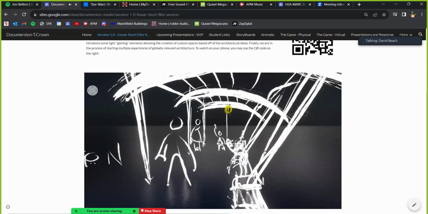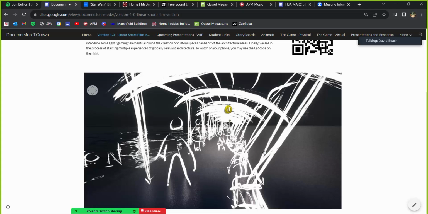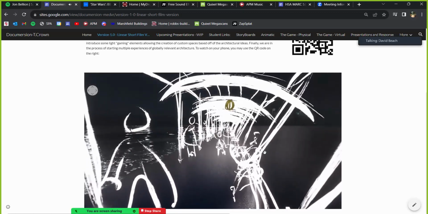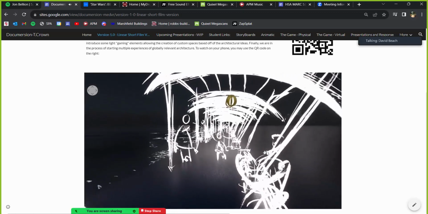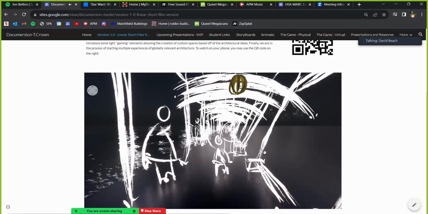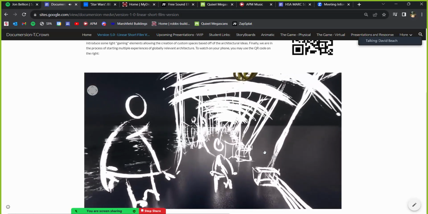And slowly, so this is my idea of this slow immersion into this world. It goes from that very still, stagnant world into all of a sudden the world starts to live and breathe. Right? So again, it's this idea of slow immersion.